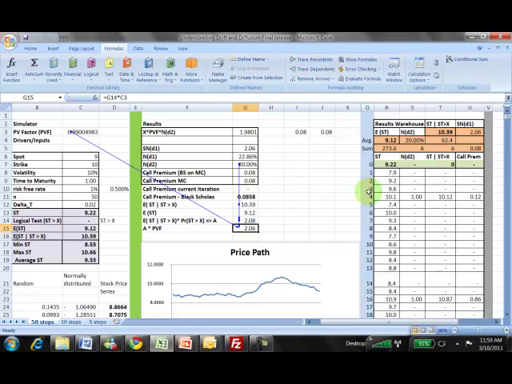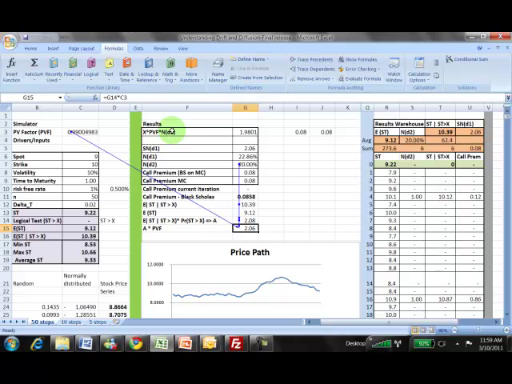Now this 2.06 is the same as SND1 here. So we're still working within the Monte Carlo framework, but we have two ways of calculating SND1. One way of calculating SND1 is here in this cell. What we've just done is walk through the second way of calculating SND1, which is through intuition, and that intuition is only using results from the Monte Carlo simulation table that you see on the right hand side.